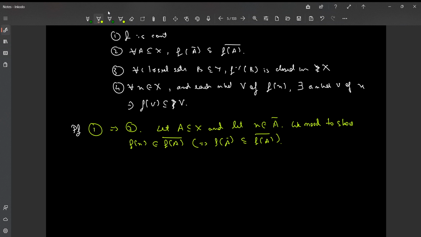We choose a neighborhood V of f(x). Obviously we need to make use of the fact that f is continuous. Let V be a neighborhood of f(x).